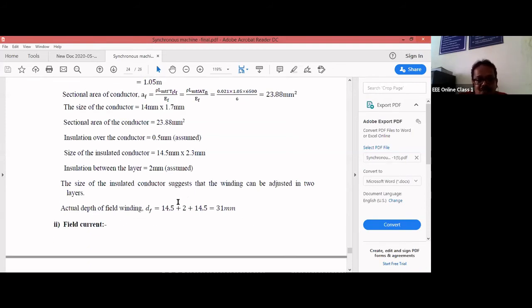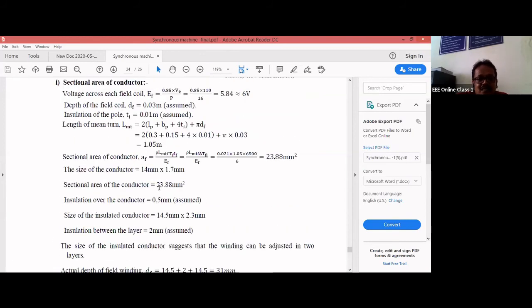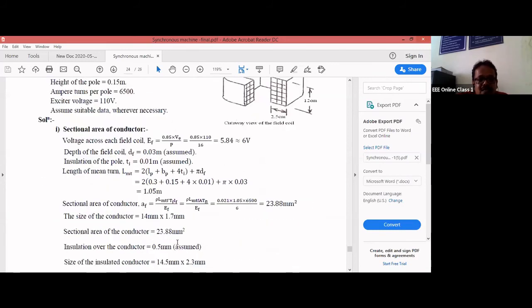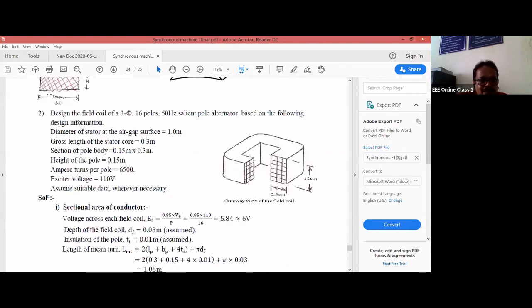The depth of the conductor is 14 mm plus 0.5, that means 14.5.